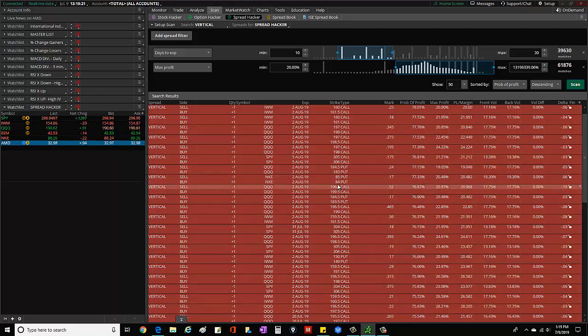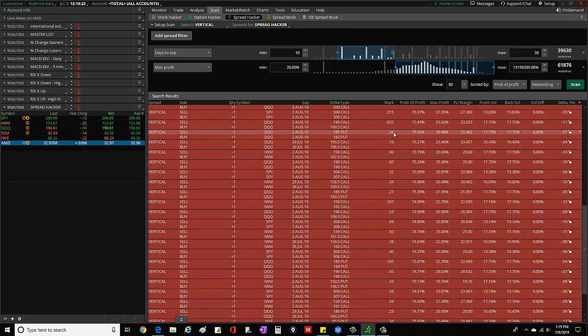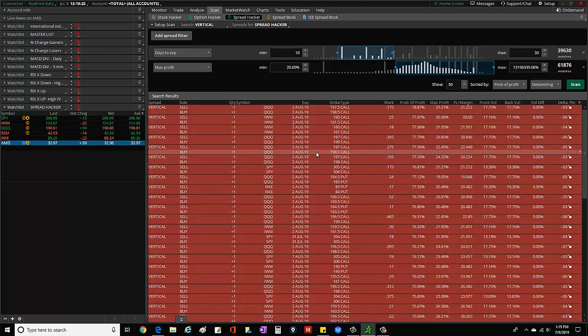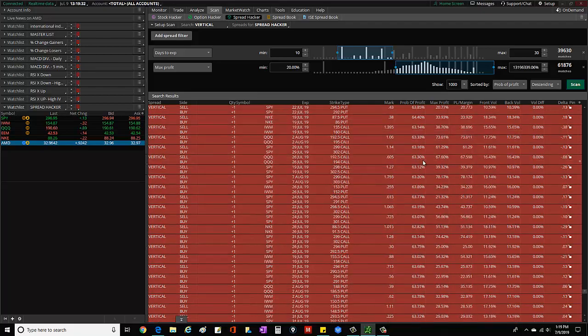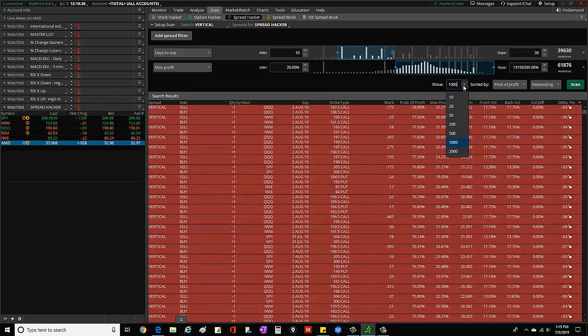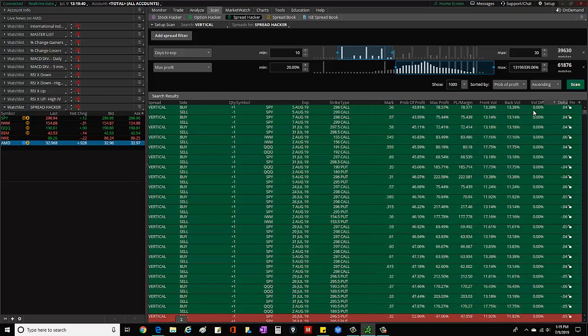It's a put spread. If you are interested in trading long verticals, probably the best way to do that would be to scan a lot of them, and you'll probably have to scroll down or possibly put this in ascending order, and there you go.